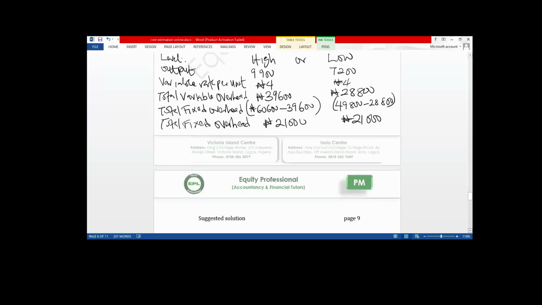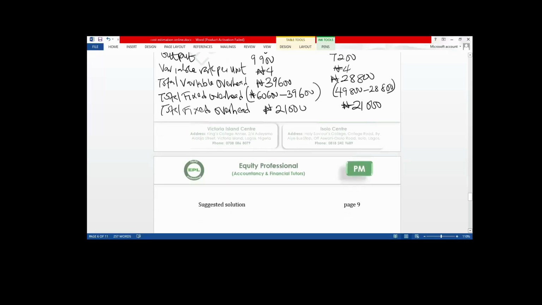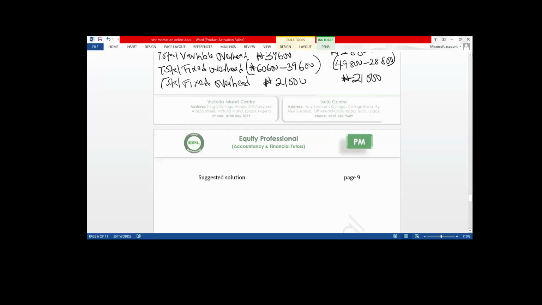We are going to show the workings. Working 3 for Ikeja: calculation of selling price.